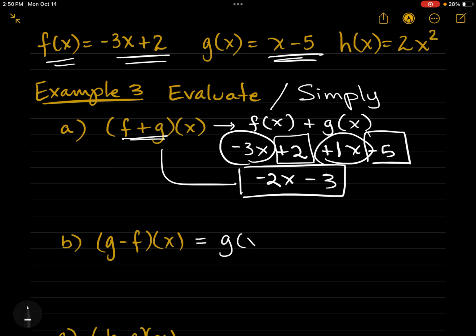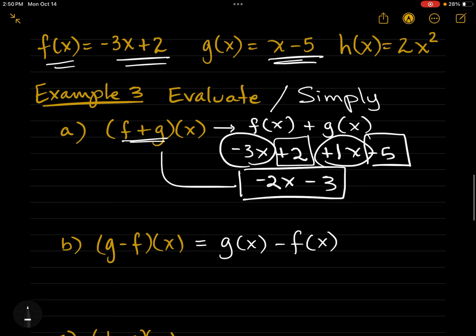G minus f of x means g of x minus f of x. I wanted you to see subtraction because we have to be careful. G is up here. That's x minus 5. And f is negative 3x plus 2.